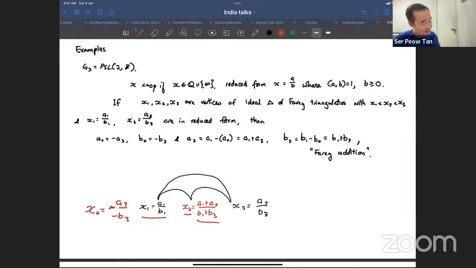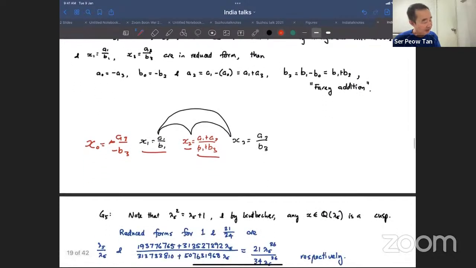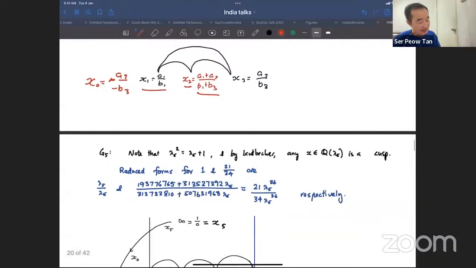And then b2 is equal to lambda b1, which is just b1, subtract minus b3, which is b1 plus b3, which is exactly the Farey addition.